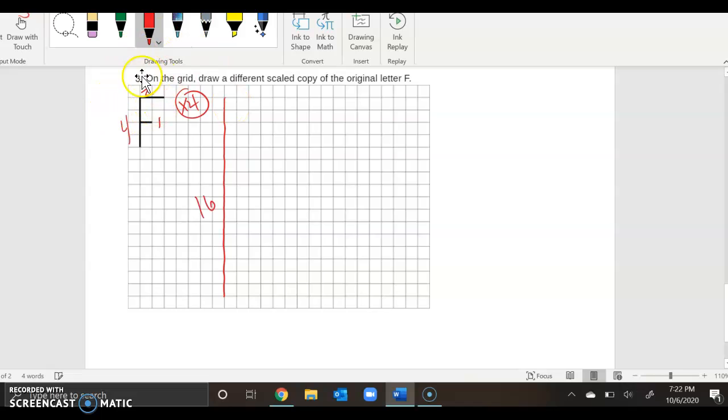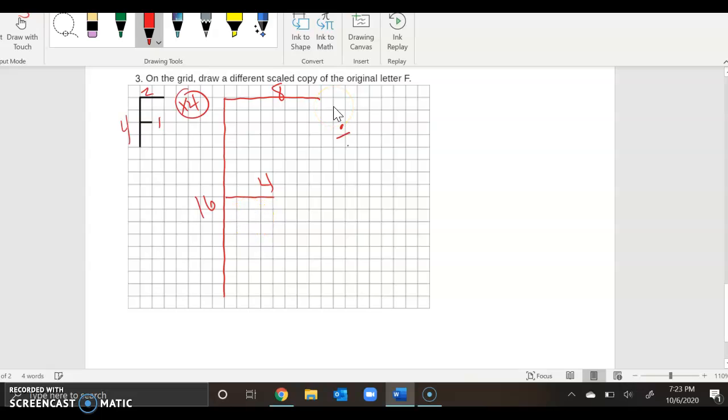Okay, and it was originally 2 units at the top, so 2 times 4 is going to be 8. And then the middle was 1, so 1 times 4 is going to be 4. So I just took all of my original numbers and multiplied them by 4.